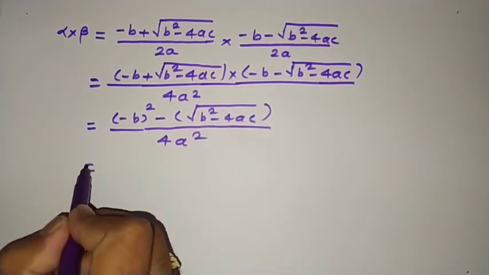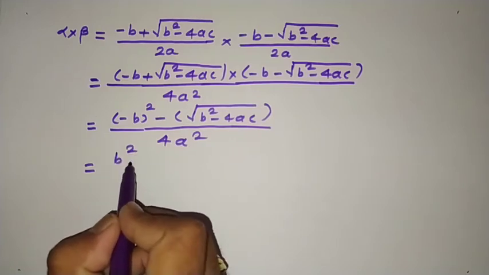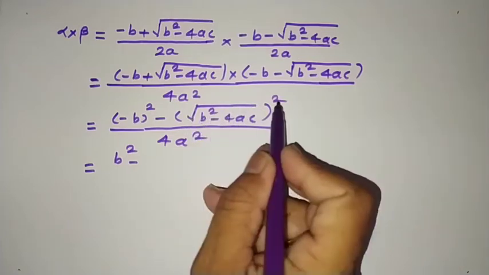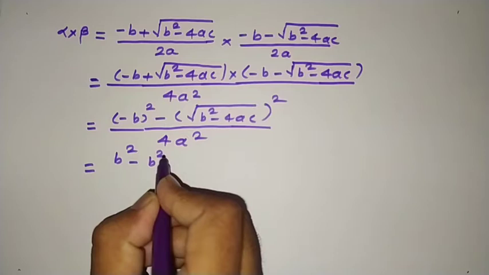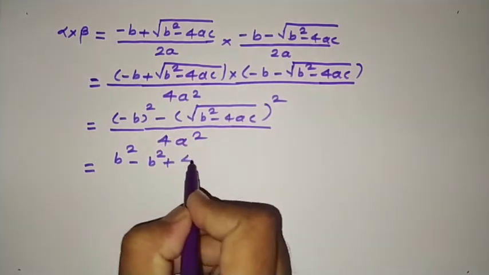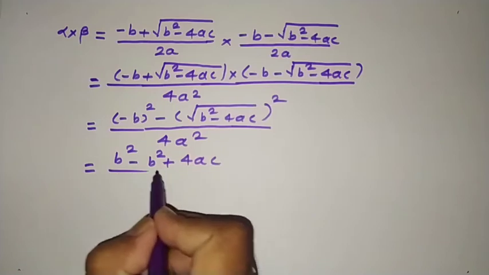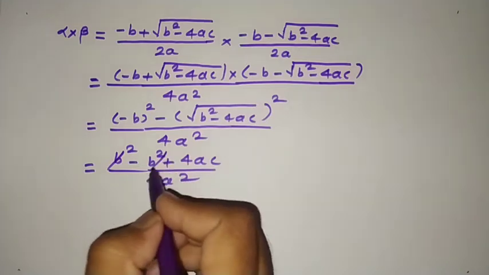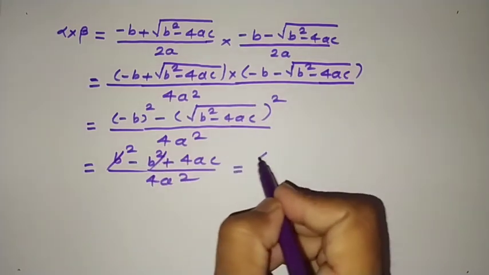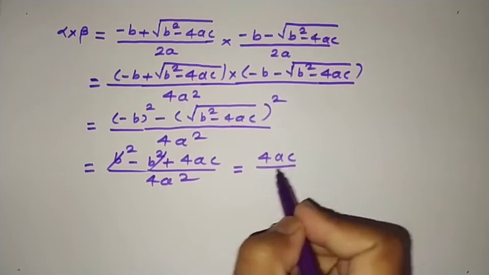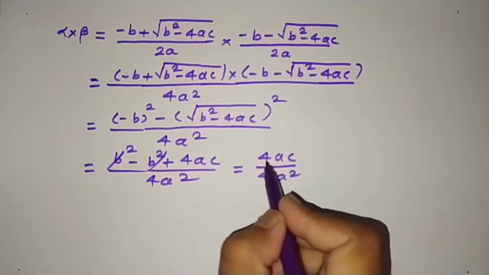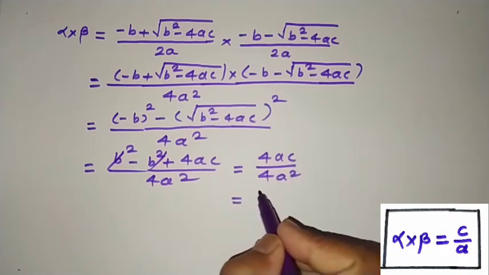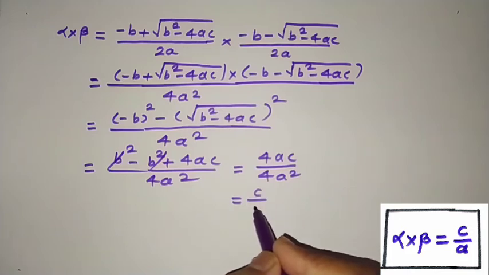Square of b is b square, minus, the square root of b square is b square, minus minus plus 4ac upon 4a square. Here b square minus b square cancelling, it is equal to 4ac upon 4a square. 4a cancelling, remaining in the numerator c and in the denominator a.